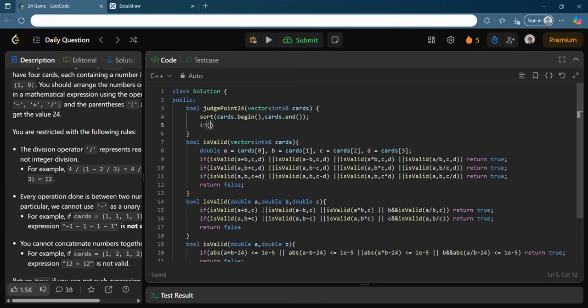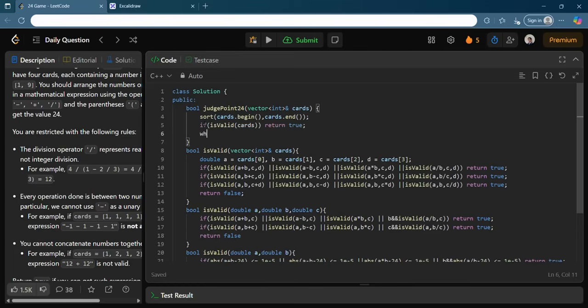Now I also check that after performing this, if is valid of cards, then you will just return true. And now while next permutation, you perform this next permutation, which is an inbuilt function in C++.